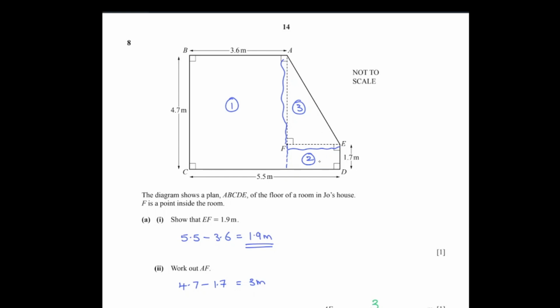The area of this rectangle will be length into width again, and the width is EF, which is 1.9. So 1.9 into 1.7. Then add the triangle, half into base into height: base is 1.9 and height is AF, which we found out, which is 3.